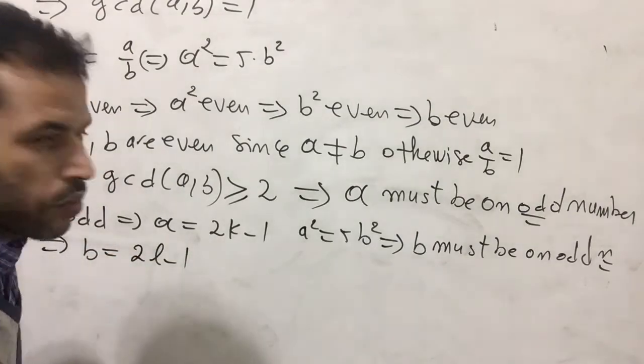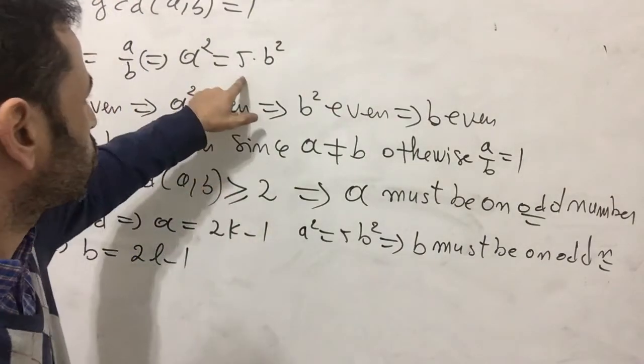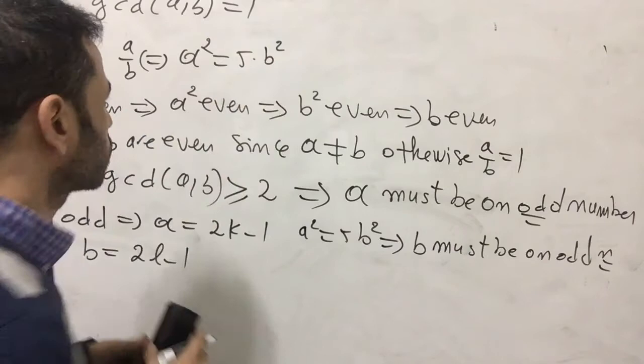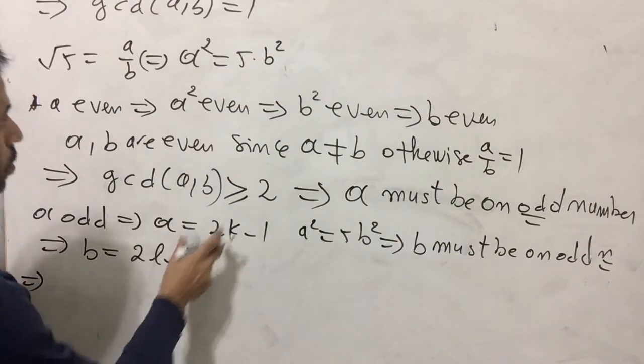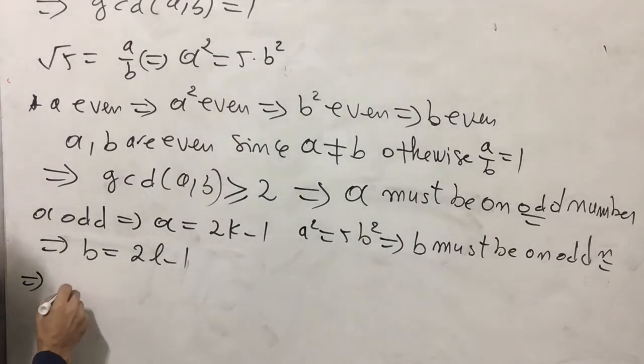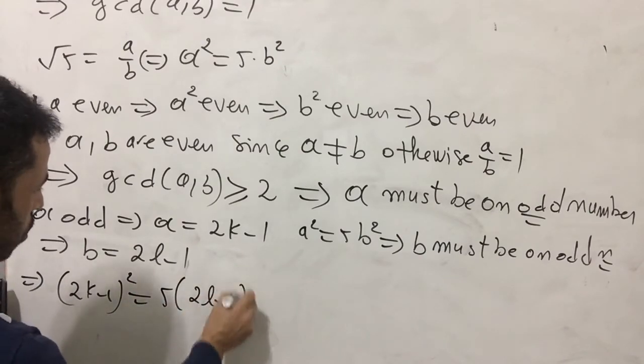What I'm going to do now is replace these values into the original equation. So a square, which is (2k minus 1) square, equals 5 times (2l minus 1) square.